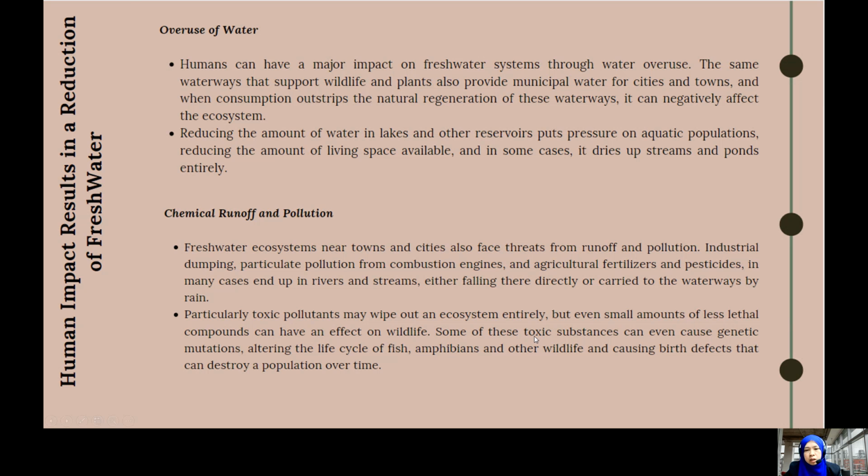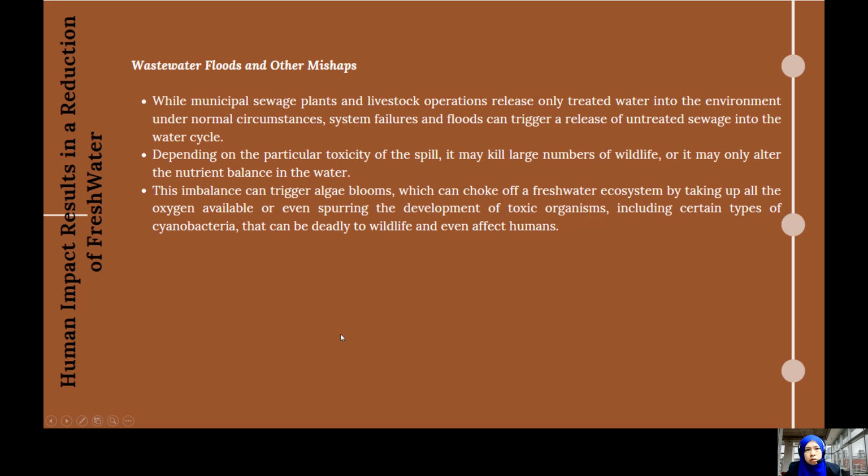Some of these toxic substances can cause genetic mutations and alter the life cycle of fish, amphibians and other wildlife. They can cause birth defects that can destroy a population over time, especially with toxic pollutants.